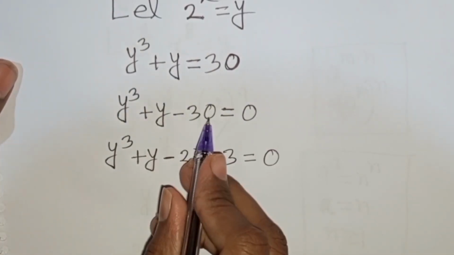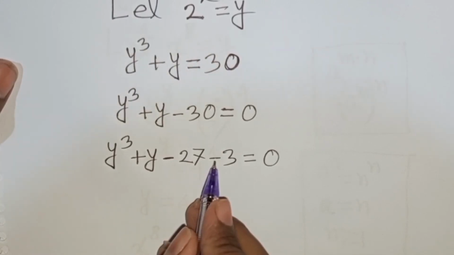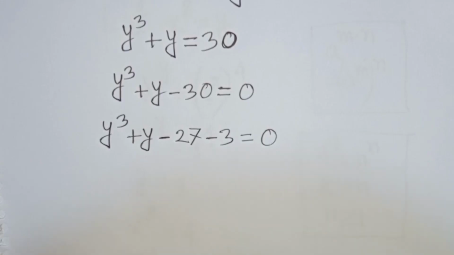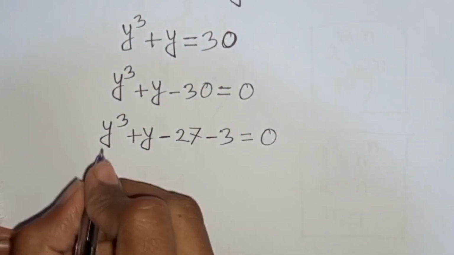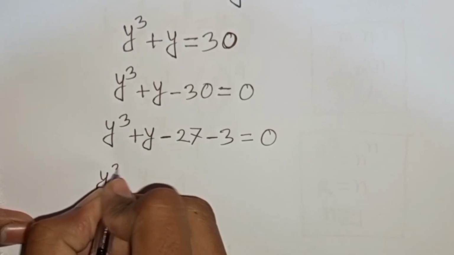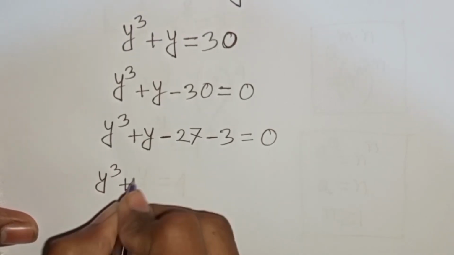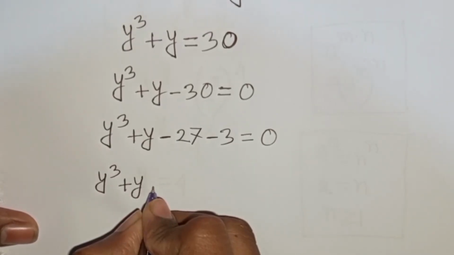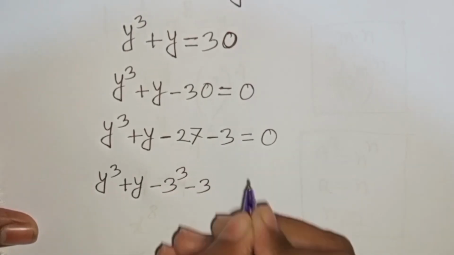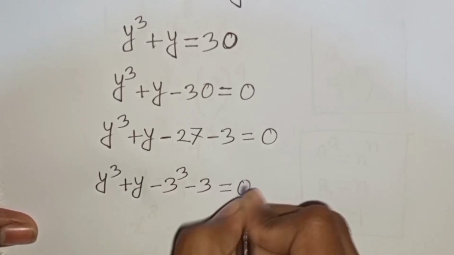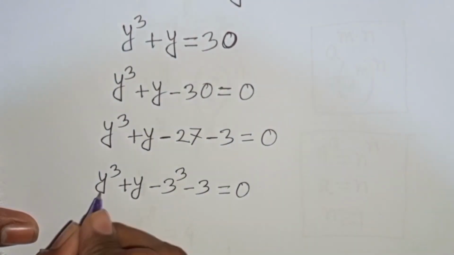So minus 30 can be written as minus 27 minus 3. Most of the time you can understand such a process. Now we have y^3 + y, then minus 27 is the same as minus 3 cubed, then minus 3 is equal to 0.